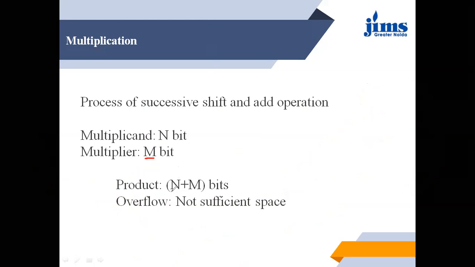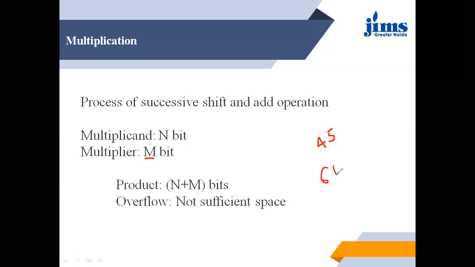It can happen sometimes that our multiplication result is more than the space or more than the bits we have. In that case, there will be an overflow, as in the case over here of 45, we saw that we require 6 bits.